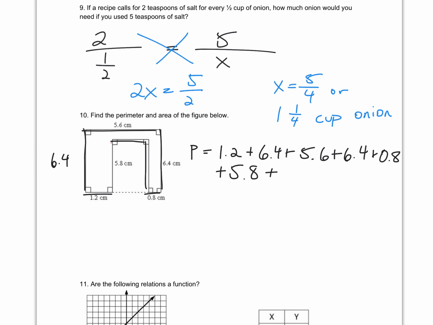side, I'm going to label it in red. This red side should be 5.6, and then you're taking away 1.2 and you're taking away 0.8. So 5.6 minus 1.2, and then subtract 0.8 from that as well. You should get 3.6. So this is 3.6.